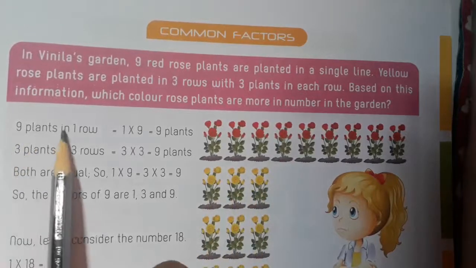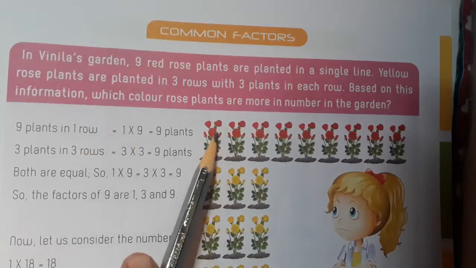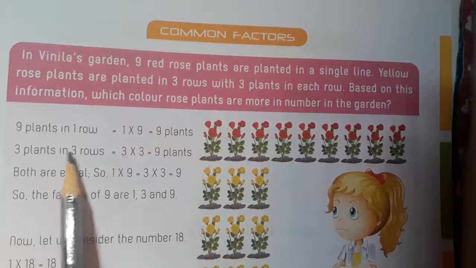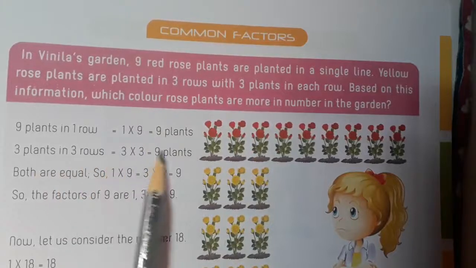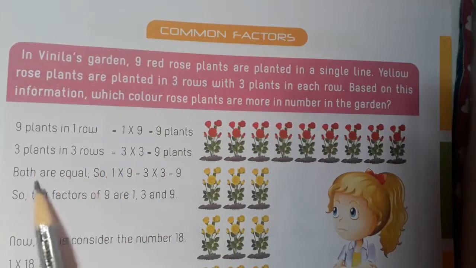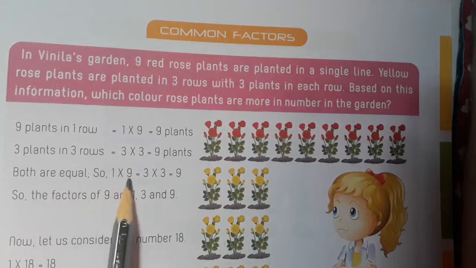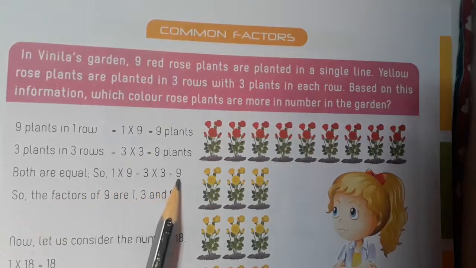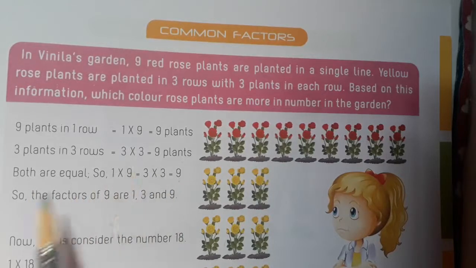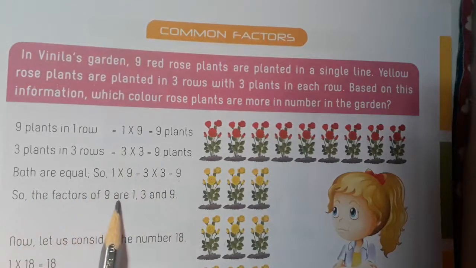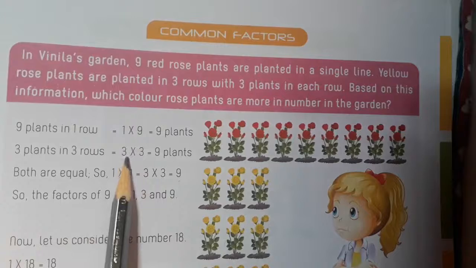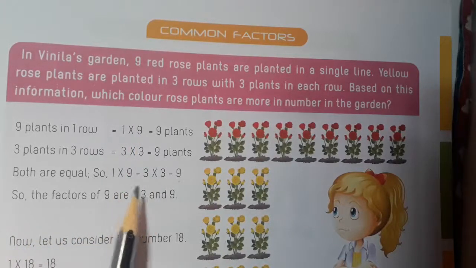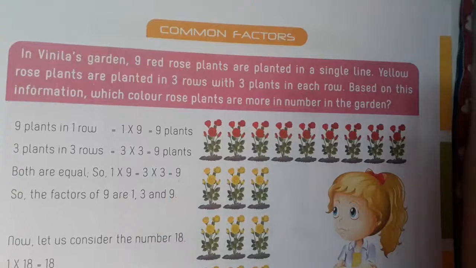So, totally 9 plants. 3 plants in 3 rows, 3 into 3, 9 plants. Both are equal. 1 into 9 is equal to 3 into 3 is equal to 9. So, the factors of 9 are 1, 3 and 9.